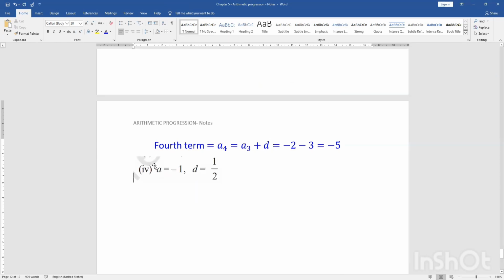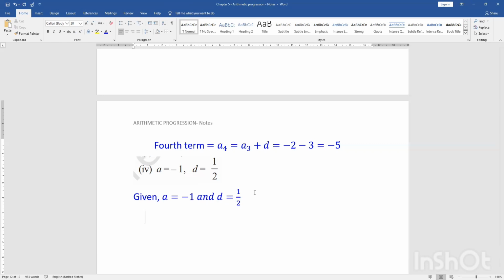So in this problem, we have A as minus 1, that is first term is minus 1, D is half, that is 1 by 2. Okay. So now let us write this. Given, we have A as minus 1 and D equals half.